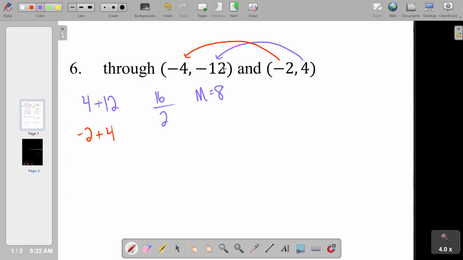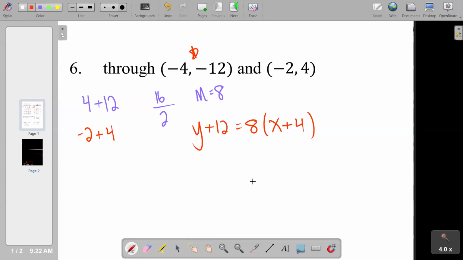But it's from here that the freedom of choice kicks in, right? So one person might choose the point with the red star, and their answer will be y minus -12 equals the slope times x minus -4. But then someone else, like Bella, might choose to use this point.